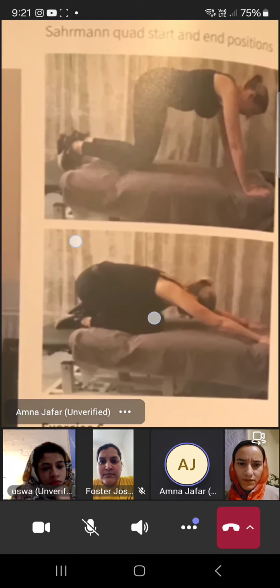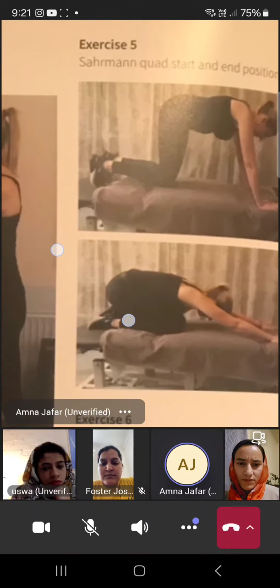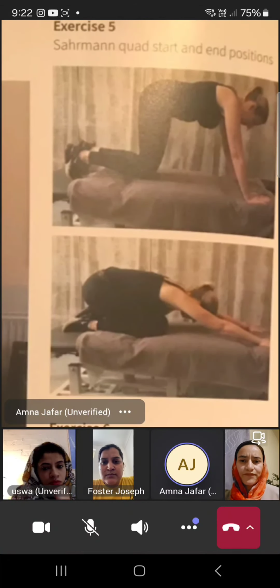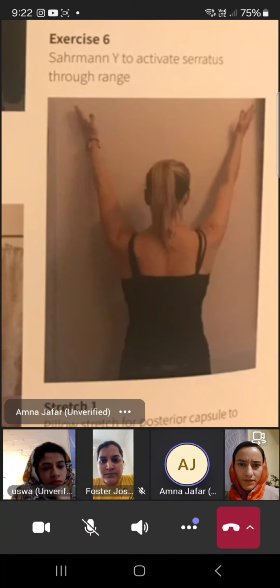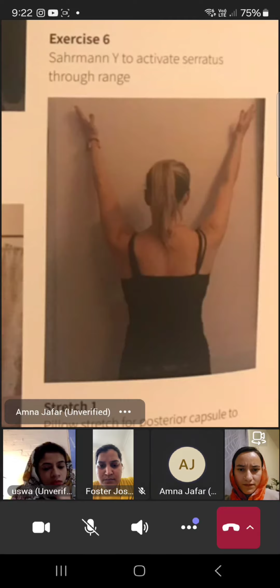So see, we are discussing the shoulder joint, but with these exercises you can see that the whole kinetic chain is involved. The whole body is doing some work to activate and inhibit different muscles. Exercise 6, Sahrmann Y to activate serratus through range, because we want to increase the range of motion for different muscles surrounding the chest area, the shoulder joint, and the back.